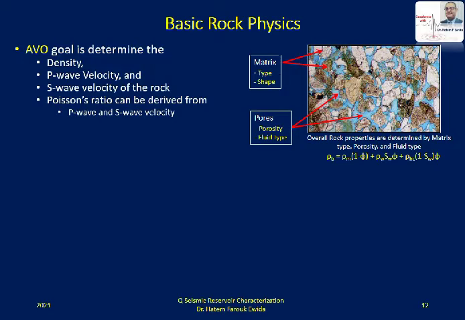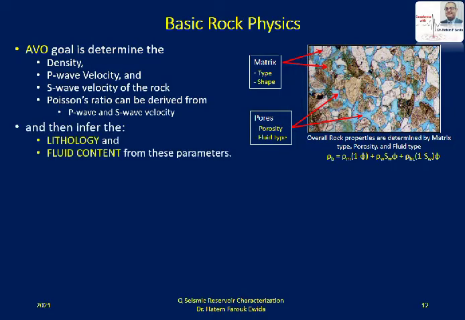What's the Poisson ratio? It is derived from the VP and VS, or the shear and P velocities. When we estimate these using the AVO method applied on seismic data, we end up identifying the lithology and the fluid from all these parameters.